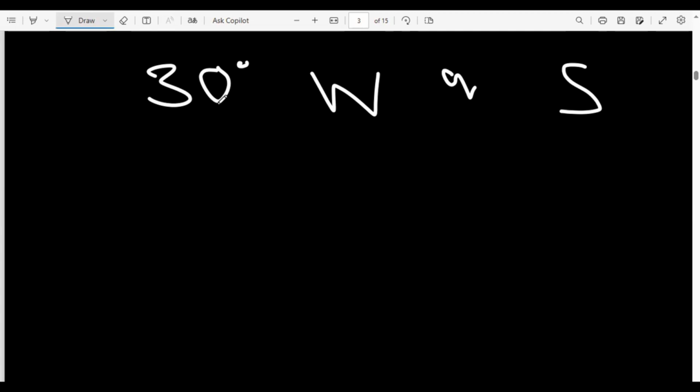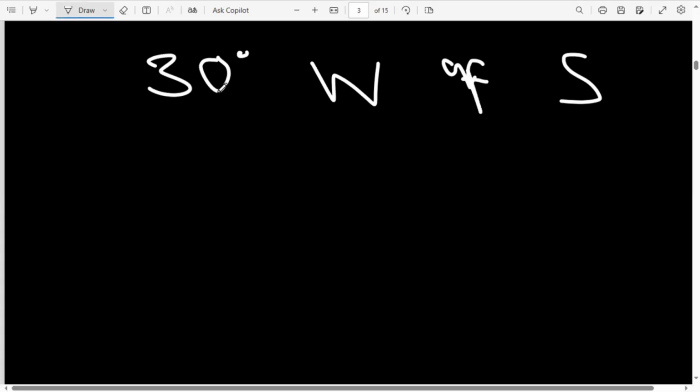So when they say 30 degrees west of south, the south becomes our reference point. So what does this mean? It just means you go to the south and then you move 30 degrees to the west. That's what 30 degrees west of south means.